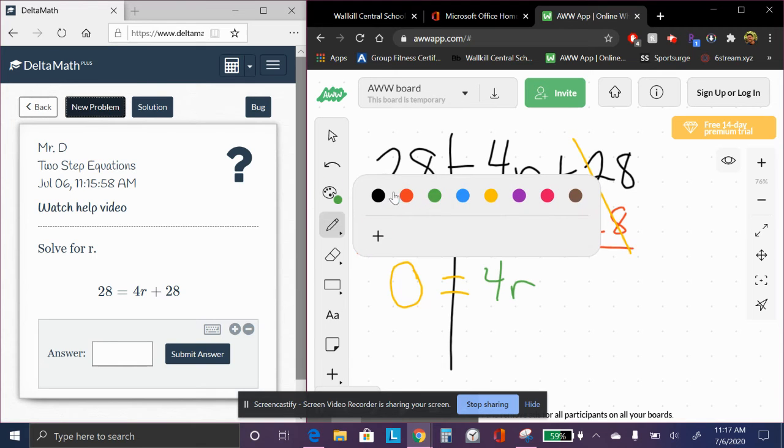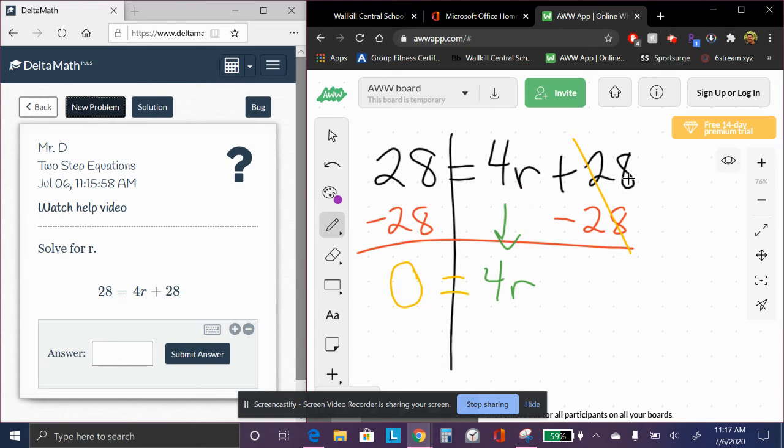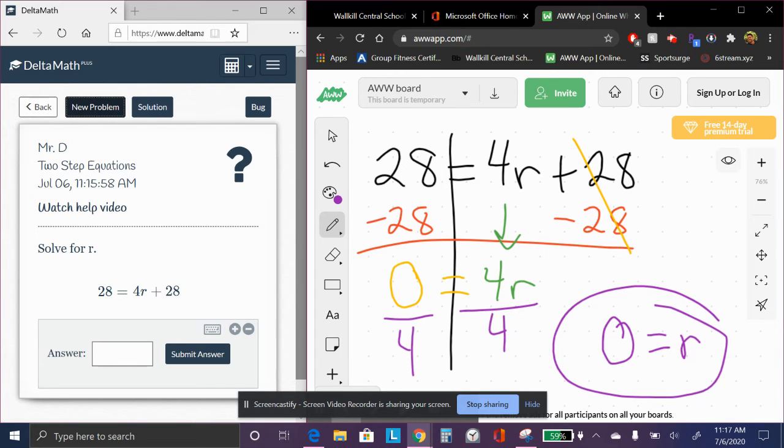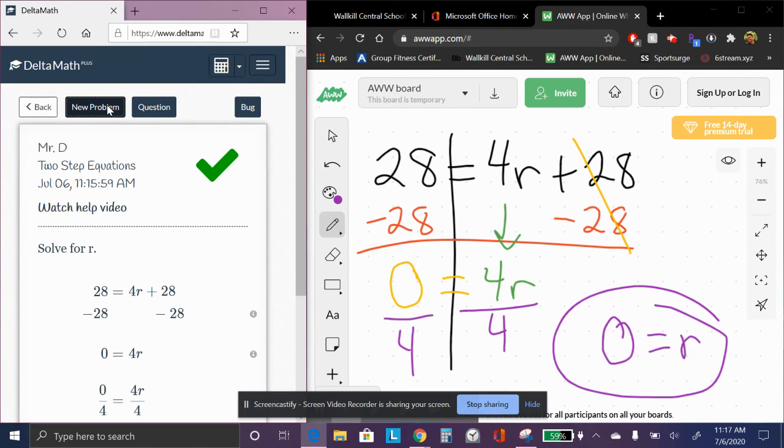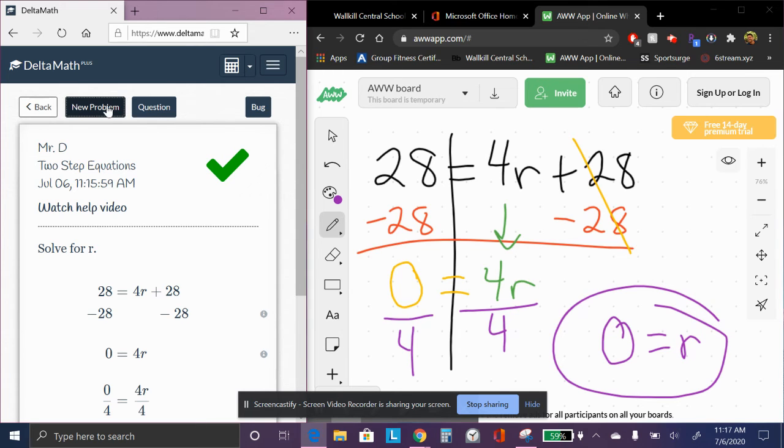To get r by itself, we divide both sides by 4, and we get our 0 equals r. 0 divided by 4 is 0, so that's going to be my answer. So in my answer over here, I'm going to type in 0. Submit 0, yes. Bam. Let's do one more.